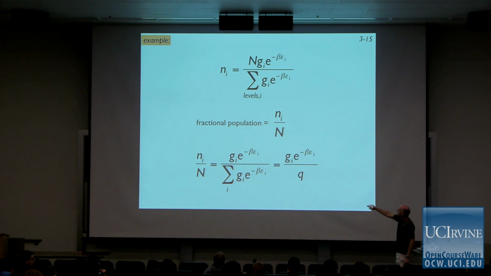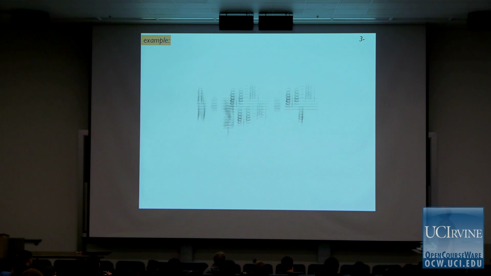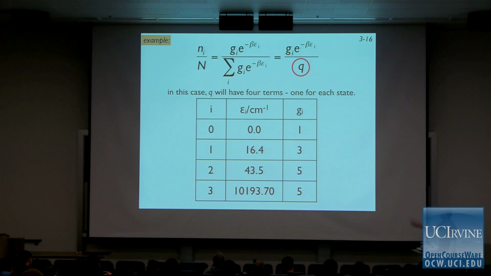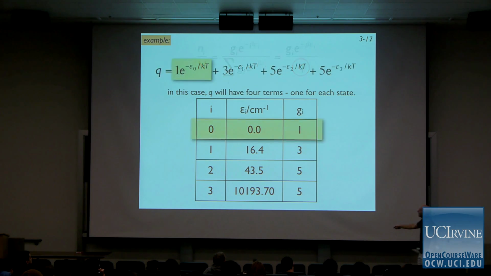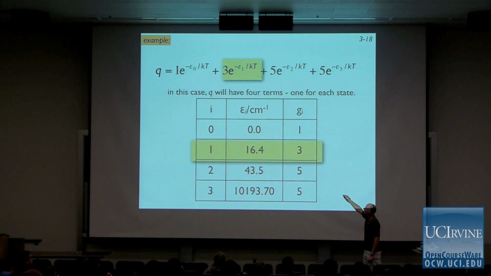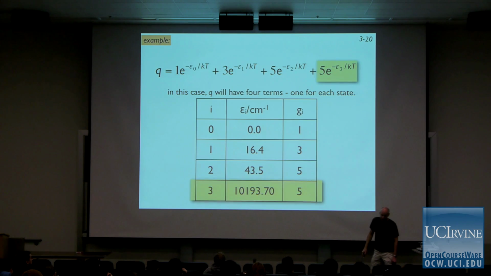Okay, and so if I divide by N, that N just moves down here, so this equation doesn't have an N in it anymore. And this guy here, that's just our partition function Q. In this case, Q will have 4 terms, 1 for each one of these 4 energy levels. The first one is going to correlate with this level, the second one with this level right here, and the third one here.